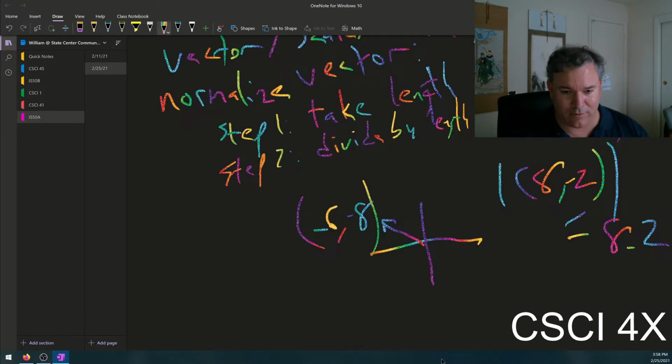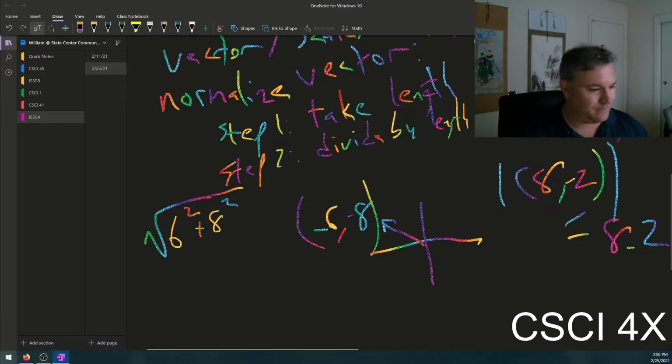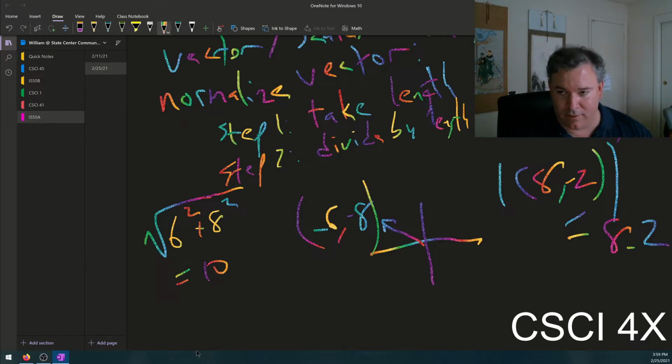It's pretty straightforward. So the length of this is the square root of 6 squared plus 8 squared. So that's 36 plus 64, which is 100. Square root of 100 is 10, right? And so that's step 1, take the length. The length is 10. Step 2, divide by the length. So a vector divided by a scalar creates another vector where each component is divided by 10.